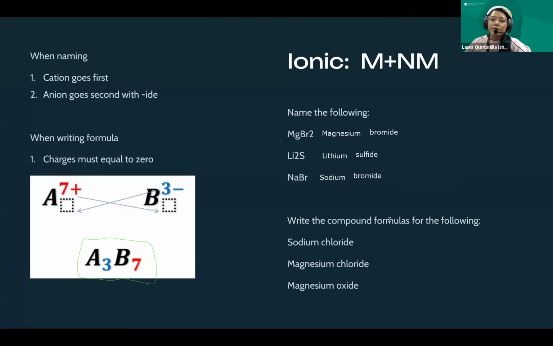Okay, so pretty simple. When we go from the name to the formula, that's when more people have trouble. Here's where we have to focus on the charge. Sodium is in that first column. I'm going to write on the screen here.